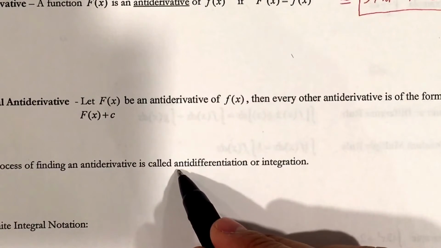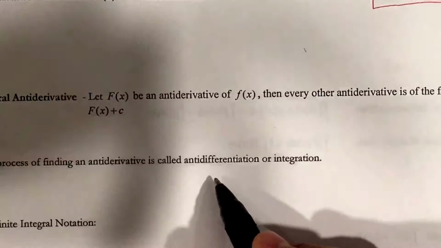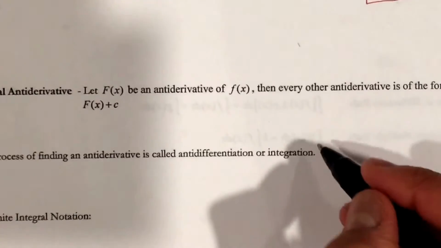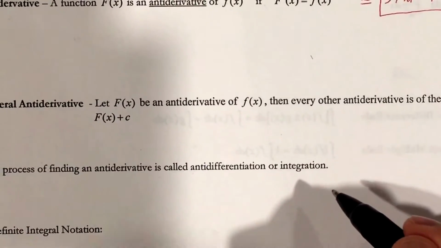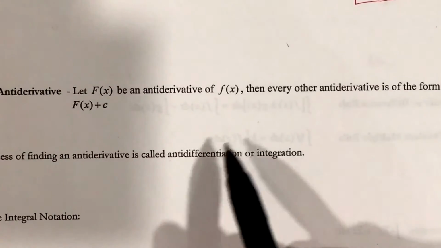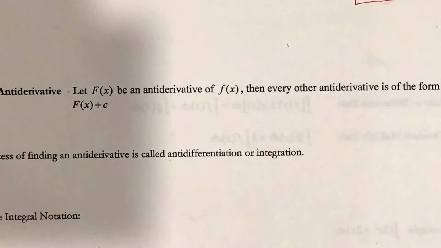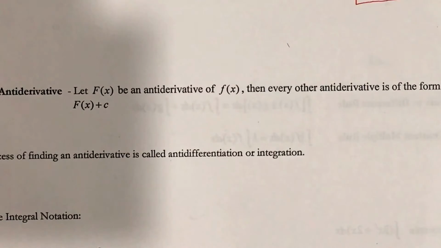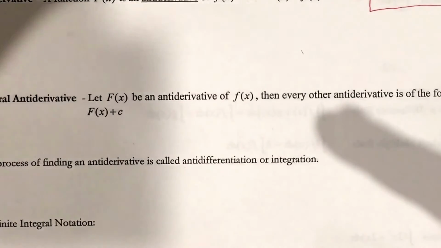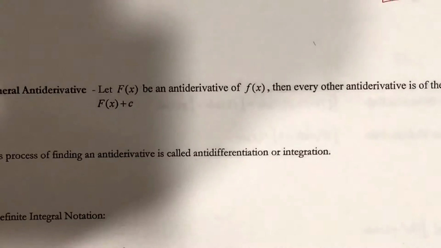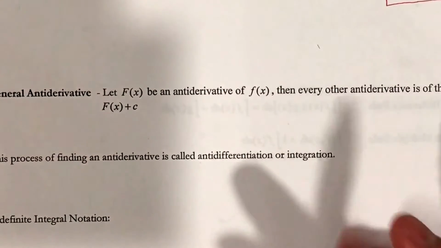One of those names is antidifferentiation, or here's a simpler one, integration. Integration is also called antiderivative. It's referring to anti-differentiation. There are two main branches of calculus. The first branch is the differentiation branch, and that's in Unit 2 and Unit 3 where we found the derivative. And the second branch is the antiderivative or the integration. And now we're focusing on the second and the last branch of calculus.